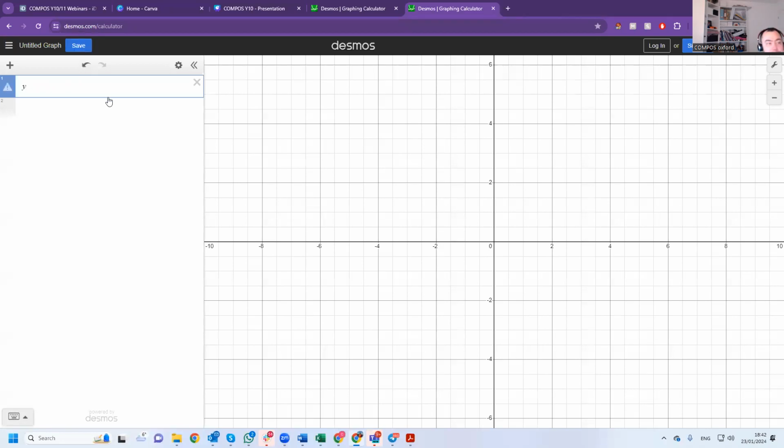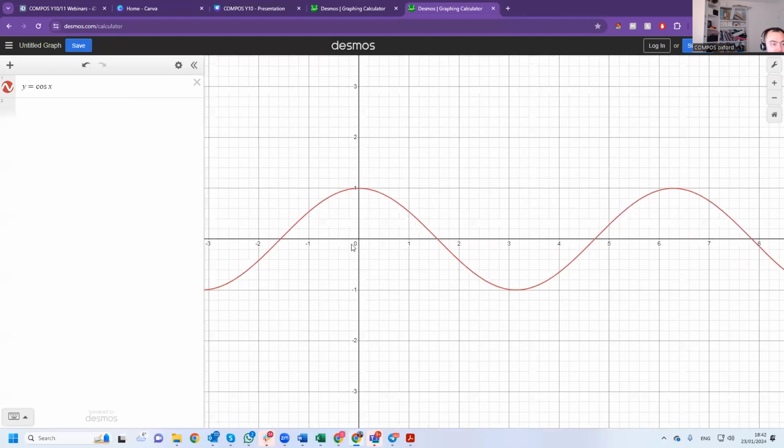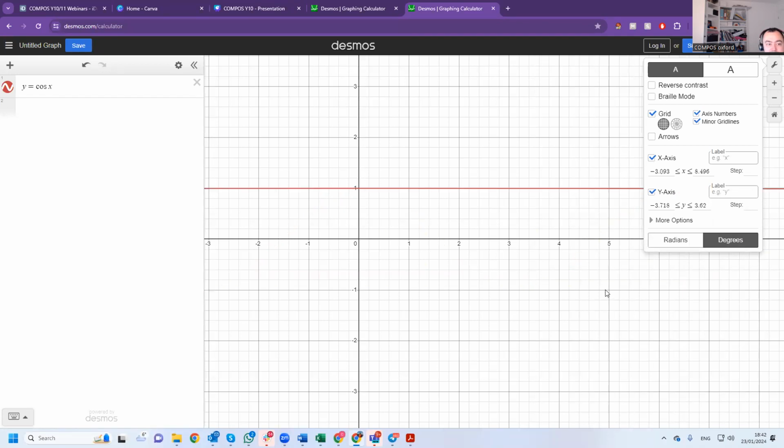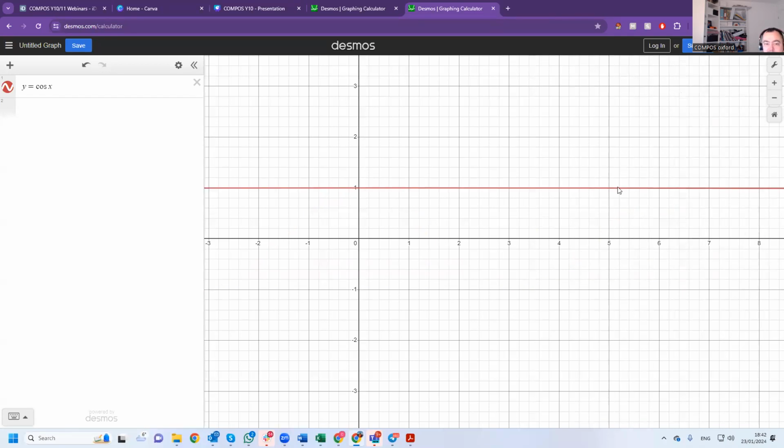So let me just open this up. So y is cos x. Now you can see that this is wrong. This is because this is not in degrees. This is in radians. So you have to switch to degrees. And now it becomes a straight line.